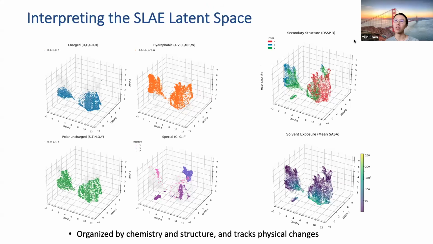It's also clustered by secondary structure, and that has something to do with hydrogen bonds. It's also organized along an axis of solvent exposure. So we're seeing that this latent space has a lot of desirable organizations, meaning that it is performing what we wanted it to do.